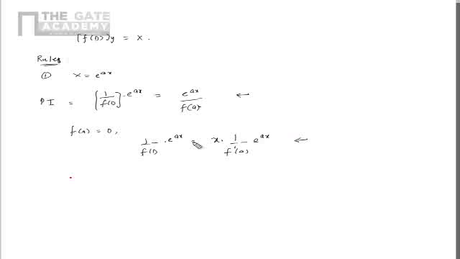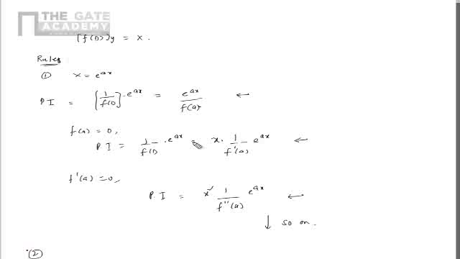And now if f dash of a is also 0, then the particular integral will be x square into 1 by f double dash of a, into e^(ax), and so on. This is rule 1.